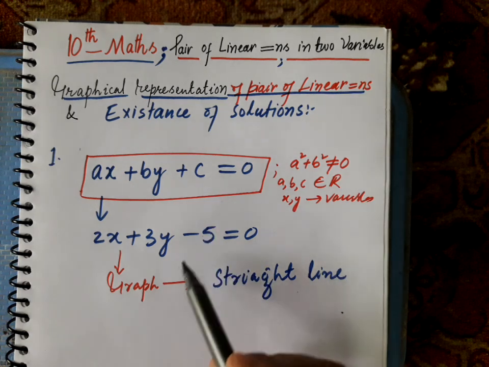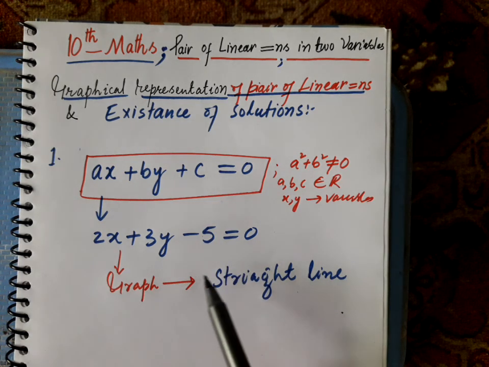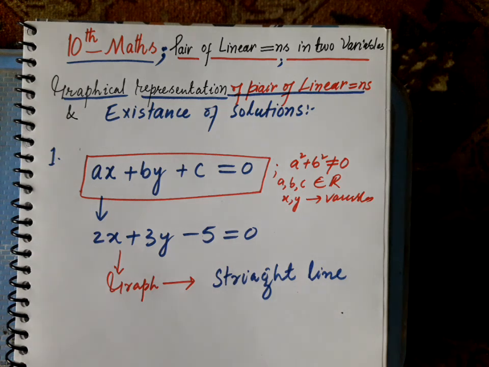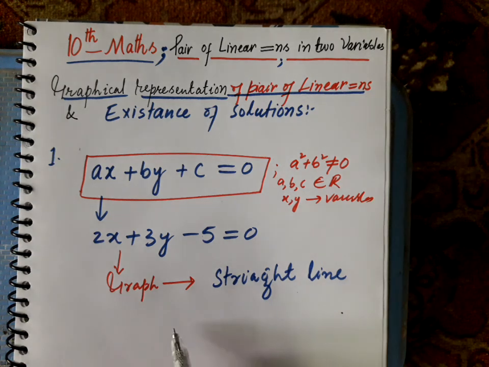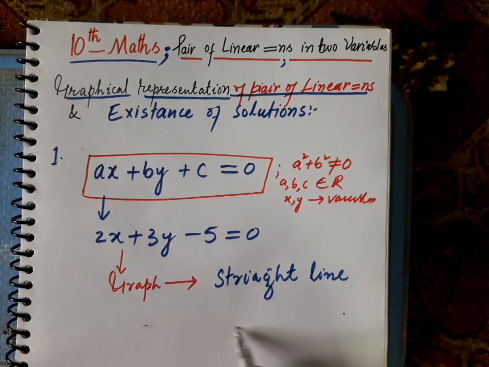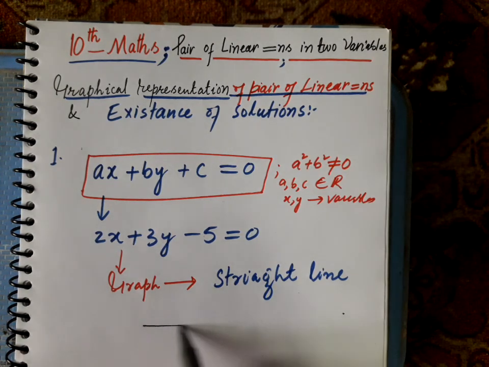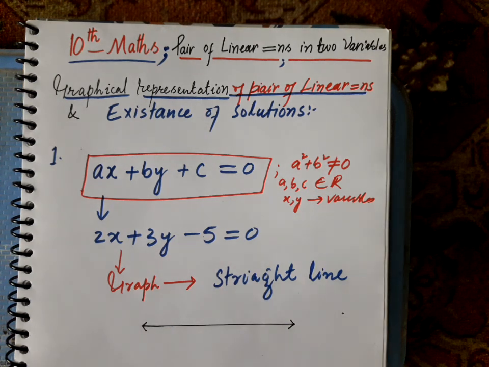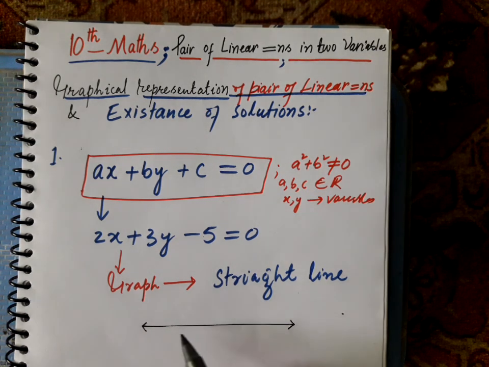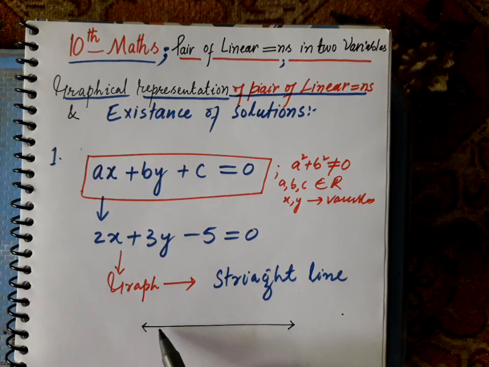For such an equation in two variables, a single equation I am talking about, you will find a straight line like this in your graph.